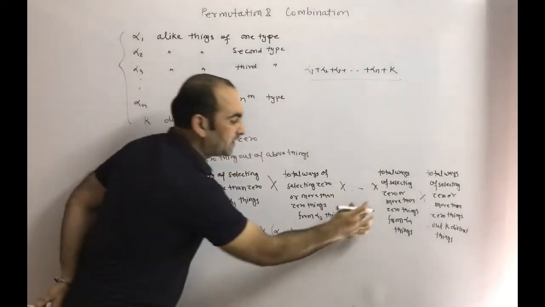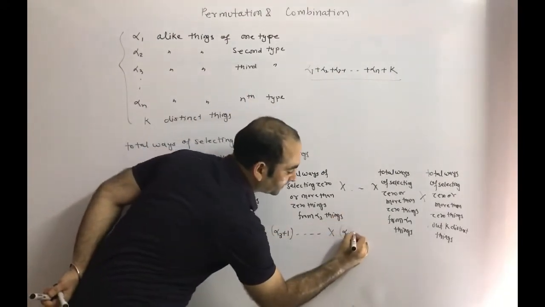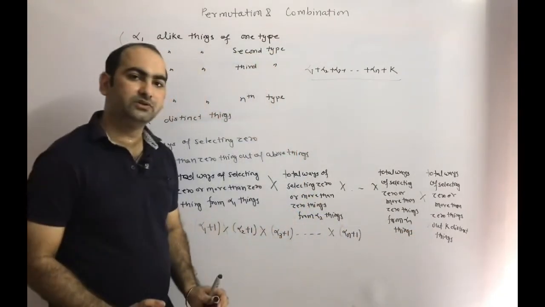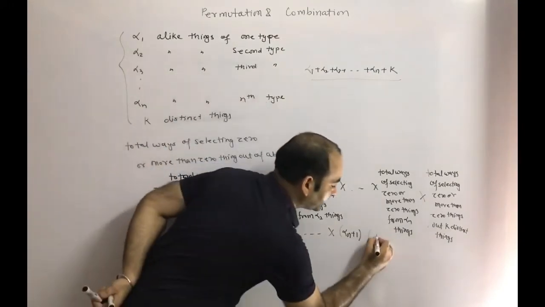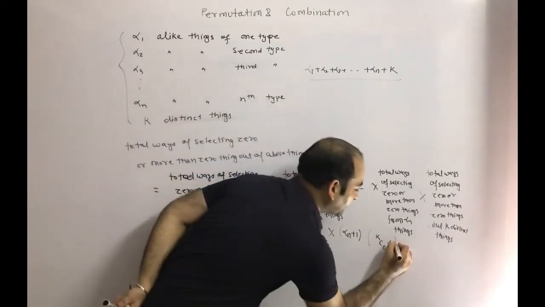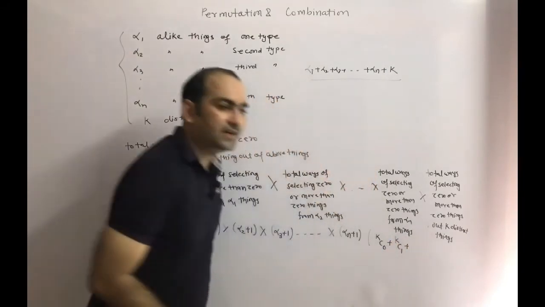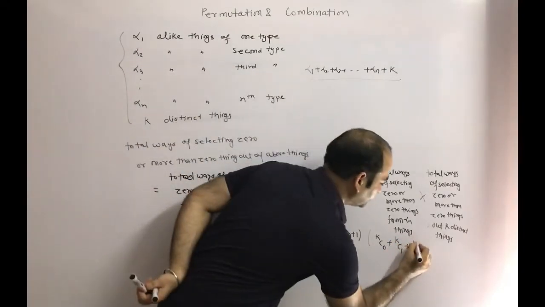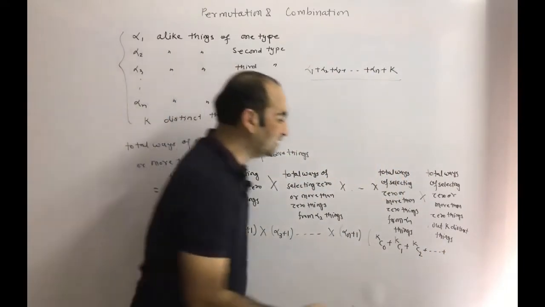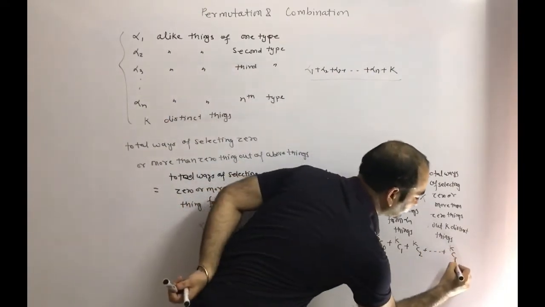For alpha n, alpha n plus 1. And there are k distinct things. Selecting 0 things from k distinct is kC0, plus selecting one thing, kC1, plus selecting 2 things, kC2, plus and so on. Selecting k things from k things is kCk.